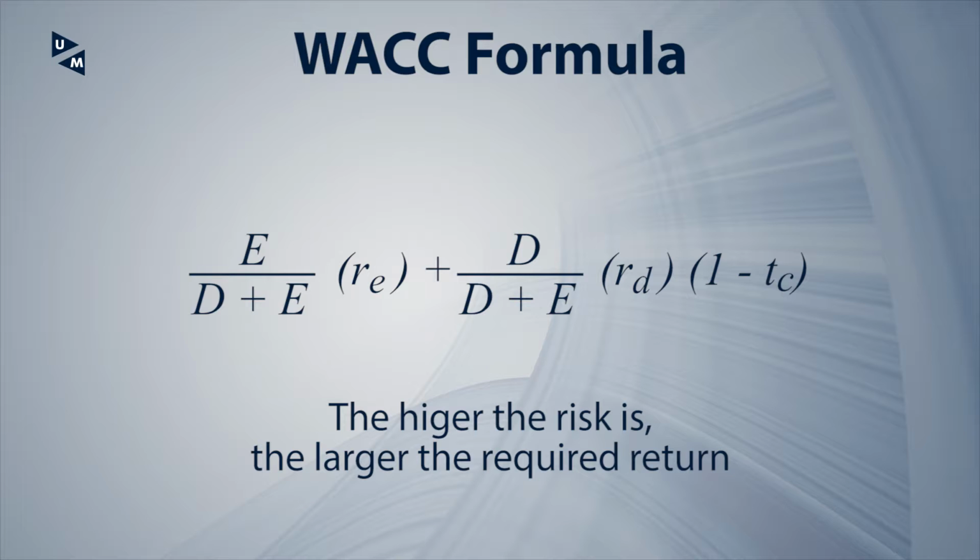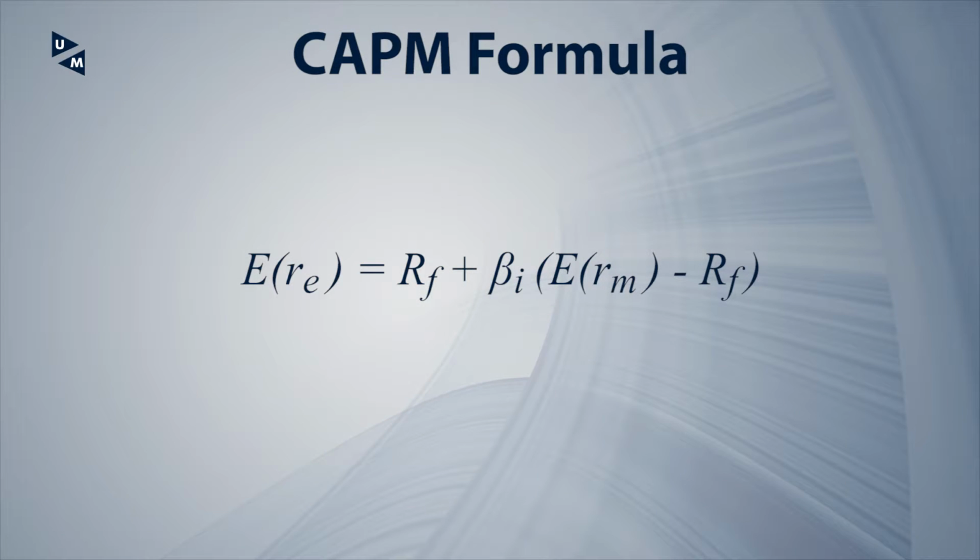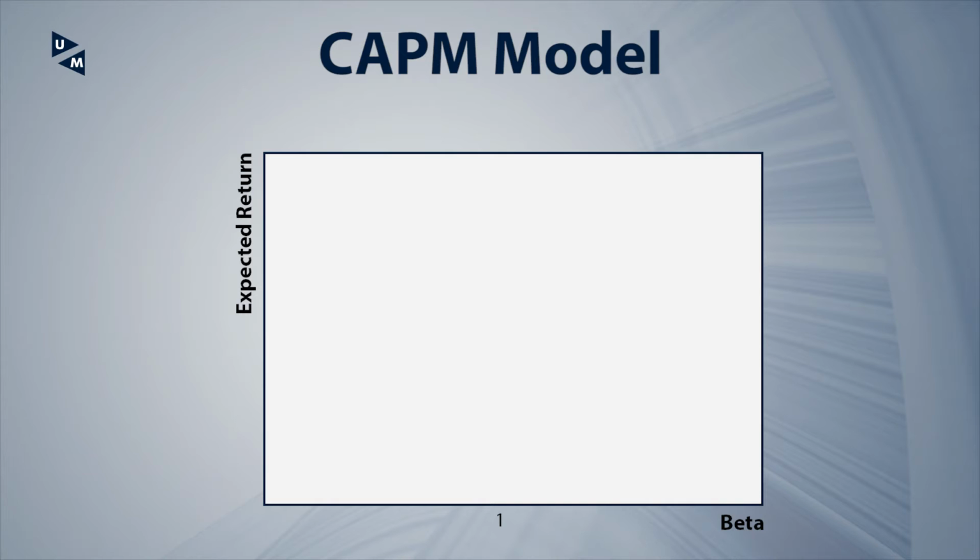This is also found in the CAPM formula, because CAPM determines the expected and required cost of equity. The larger the risk, which for equity is denoted by market risk, the higher the expected return. We all know the capital asset pricing model, maybe from previous courses, but for those who don't know, in a visual format it's also called the security market line. The larger the beta, which is on the x-axis, the larger the required or expected return.